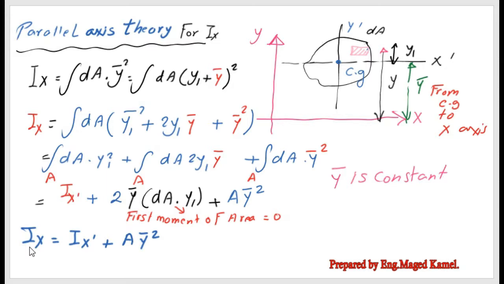In the first case, continuing the Ix estimation, we need the integration of dA multiplied by y squared, and this y squared consists of two components, (y1 plus y bar) all squared. We continue: Ix equals the integration of dA multiplied by the expanded square, which is y1 squared plus 2 y1 y bar plus y bar squared, all inside the bracket and multiplied by dA.